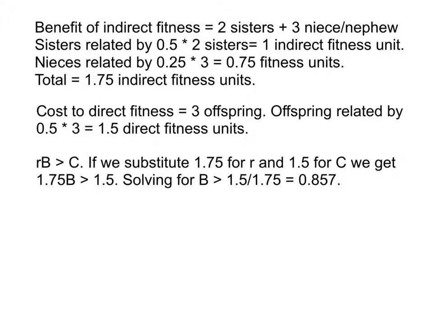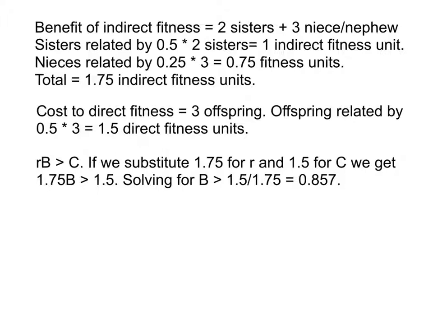If we substitute 1.75 for r, that's how much the altruist is related to his 2 sisters and 3 nieces or nephews, and we substitute 1.5 for c, we get 1.75b is greater than 1.5. We then solve for b, which must be greater than 1.5 divided by 1.75 equals 0.857.